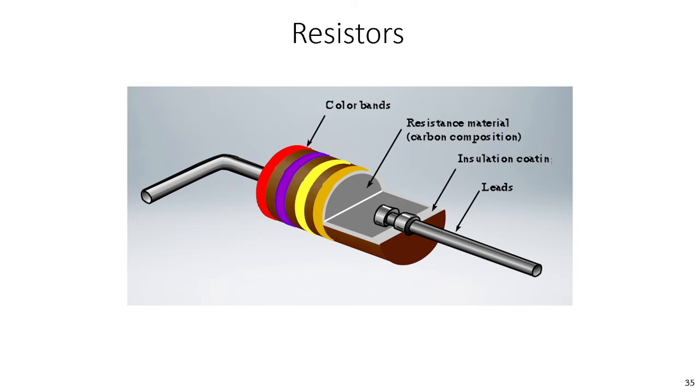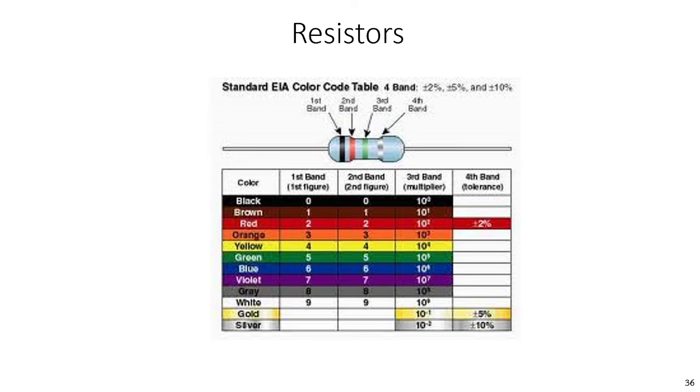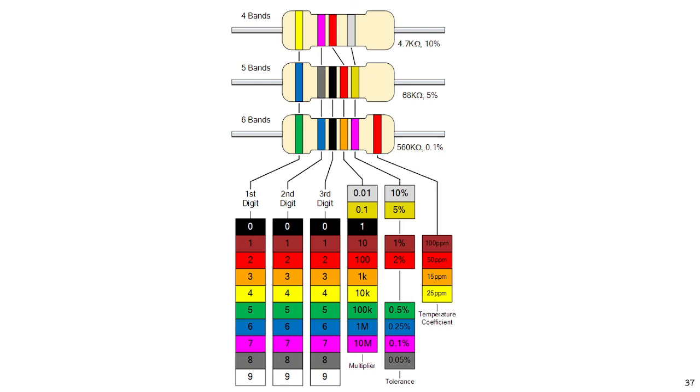No, in the same term. Okay, this is the color code, right? So I think this part you will learn in the laboratory class. This is the information for the color band. I think it's okay.